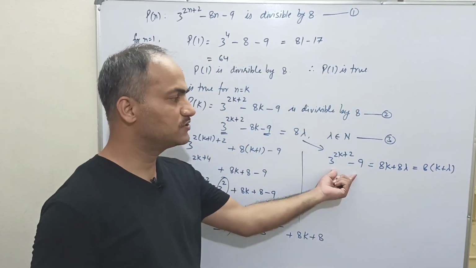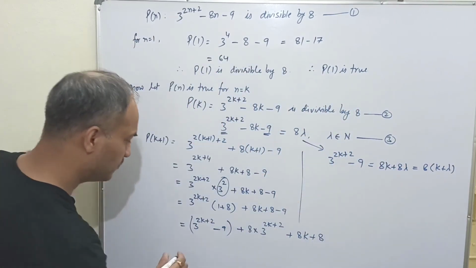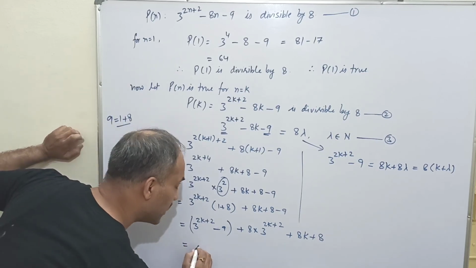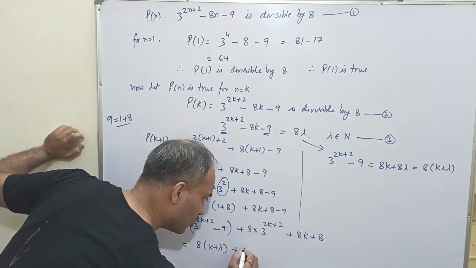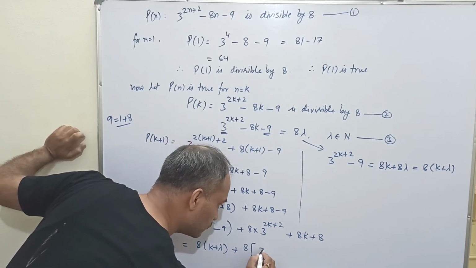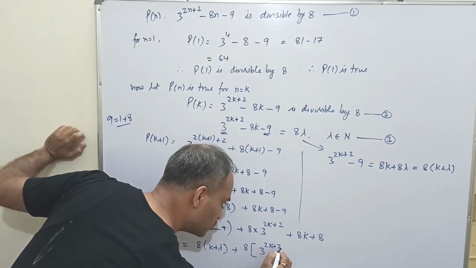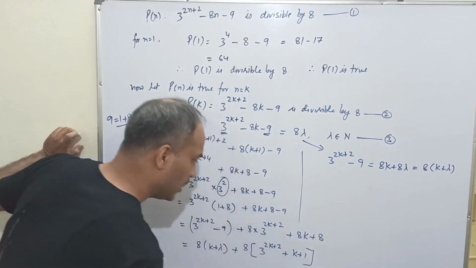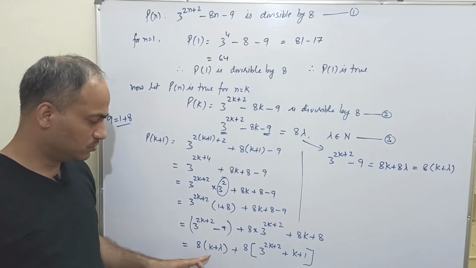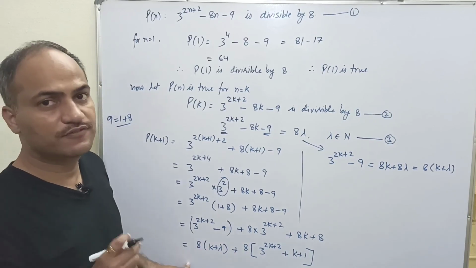So at this place we can put this value. This is 8 times k plus lambda plus, take 8 common here, 3 to the power 2k plus 2 plus k plus 1. Now we see 8 is common here also, it means 8 is common everywhere.